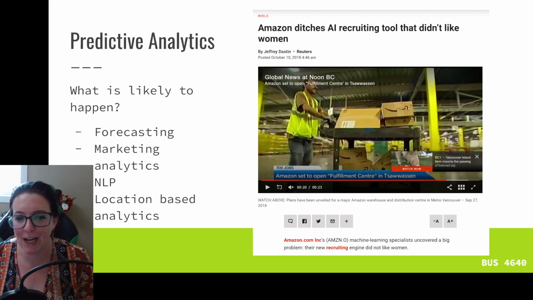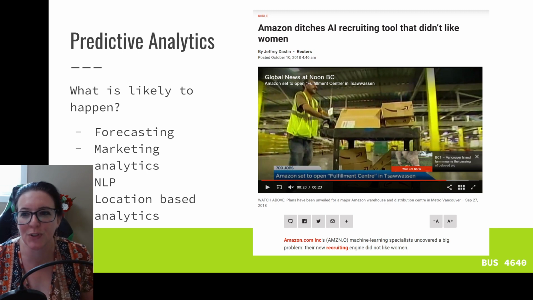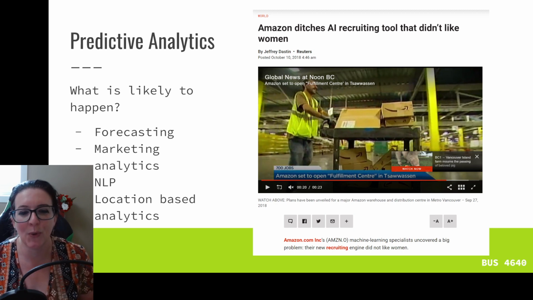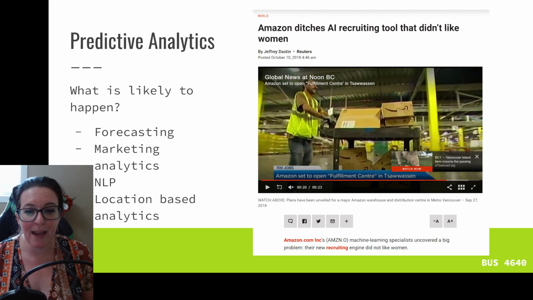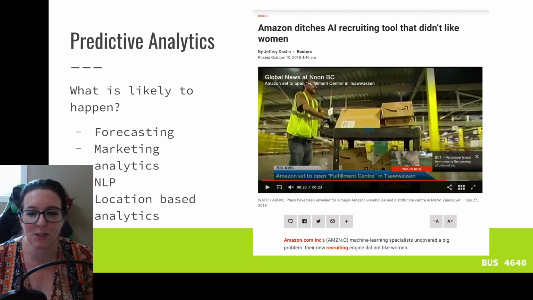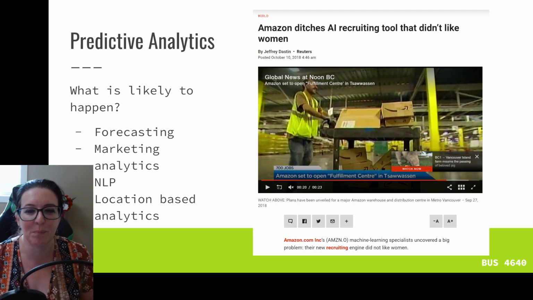So if we're doing hiring and recruiting and we're using artificial intelligence, machine learning tools to help us screen applicants, then we can use natural language processing to text mine people's resumes, and we can build a model to help us forecast who is going to be a successful employee.